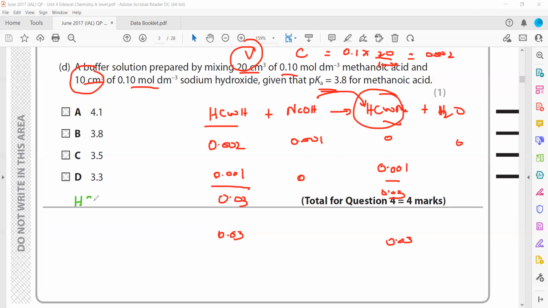So when we have a weak acid HCOOH, as it dissociates, it will dissociate into HCOO- plus hydrogen ion.